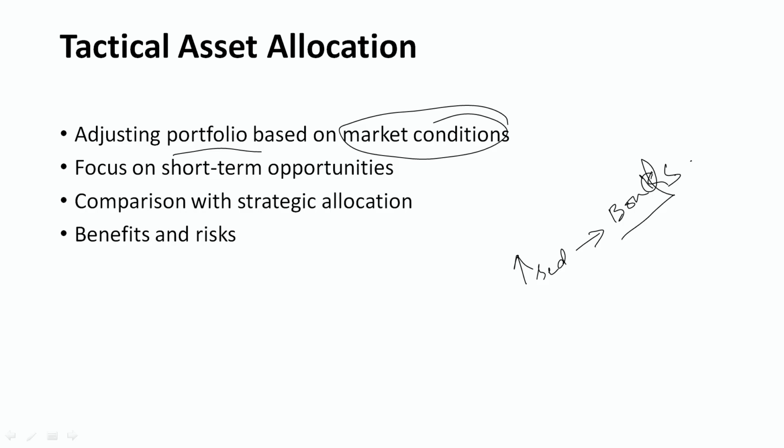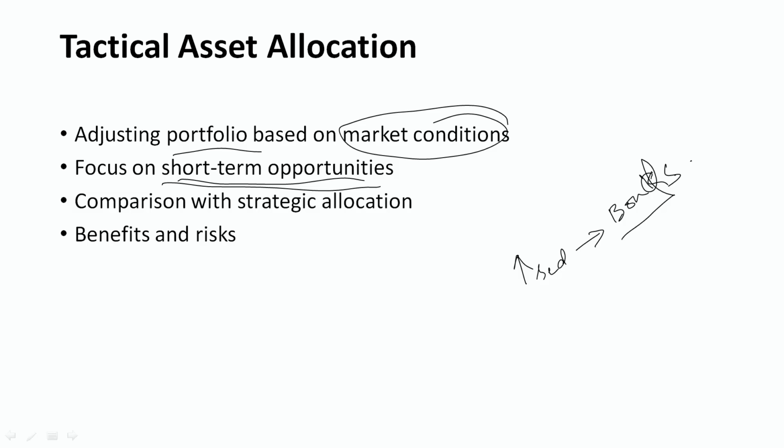And this is going to work only in the short run. Tactical asset allocation is a strategy which you would adopt in the short run, and it cannot be for long-term purposes, because these market conditions could be for a short duration of time, for 1 year or less than 1 year.